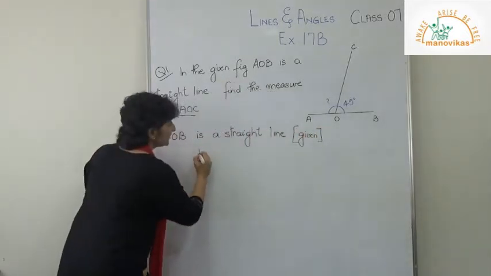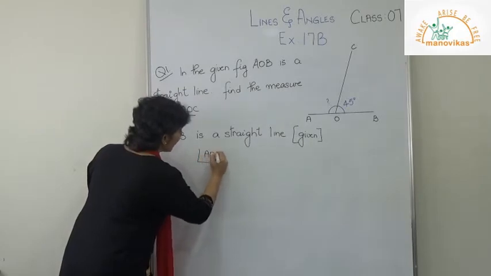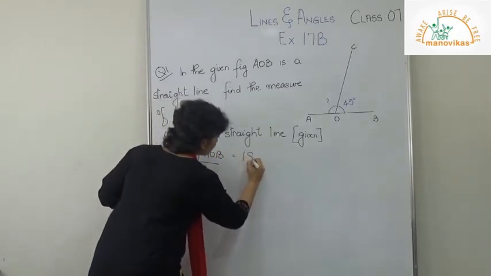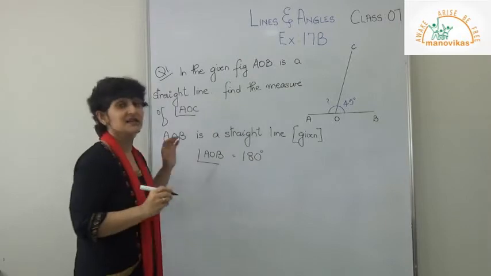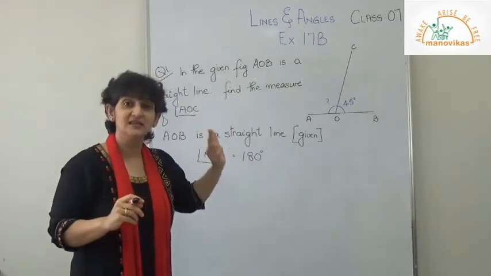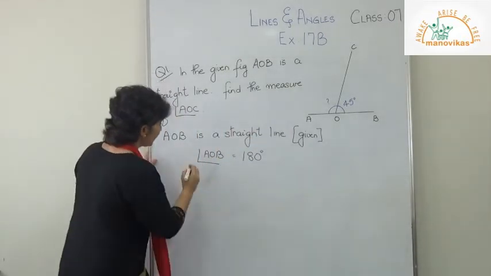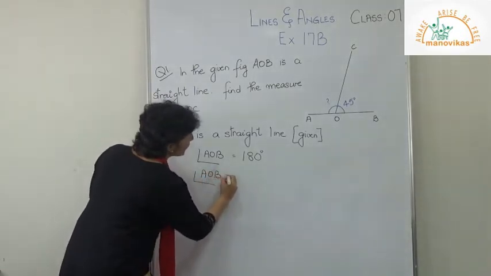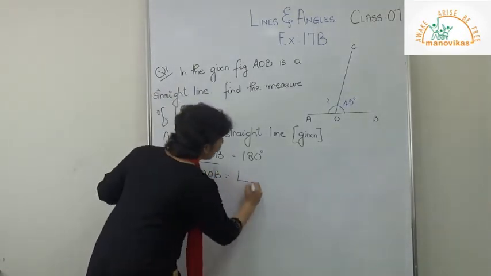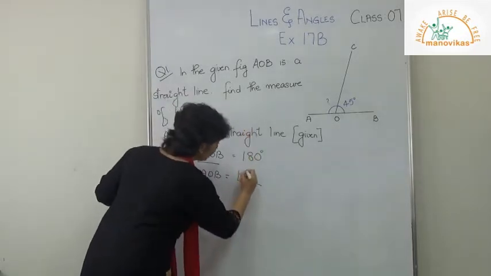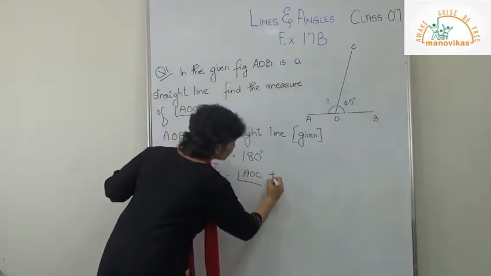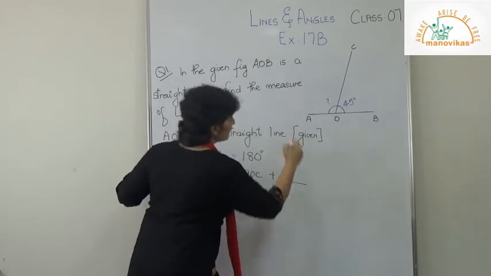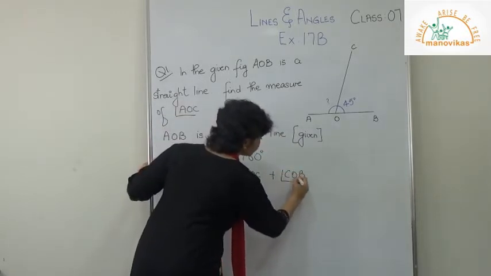So I know that angle AOB is equal to 180 degrees. Correct? A straight line is equal to 180 degrees. Then I know angle AOB is equal to angle AOC plus angle COB. Correct?